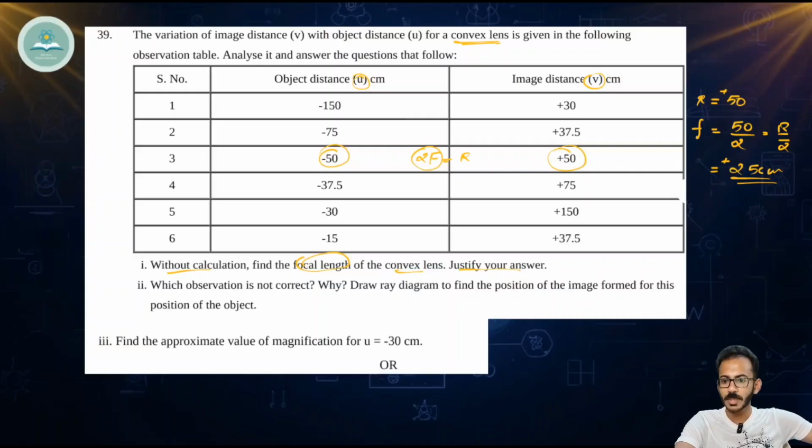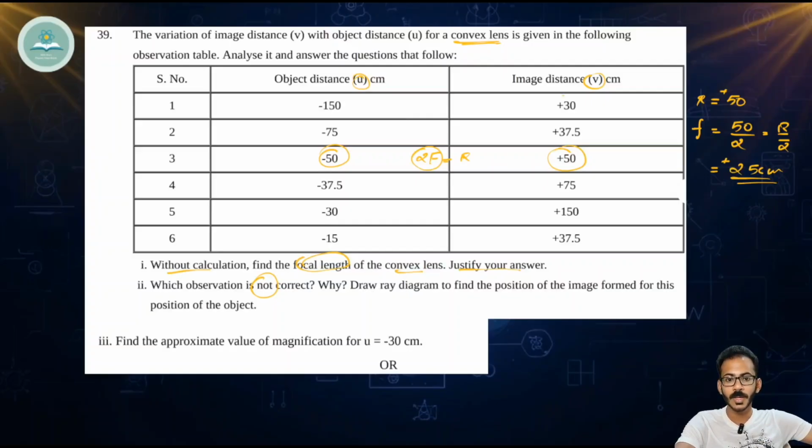Now, which observation is not correct? Here, the object is always kept towards the left side. So here we should have a negative value everywhere. Let's see here whether we are having a negative value or not. We have negative value everywhere. And a real image is always formed on the right side.